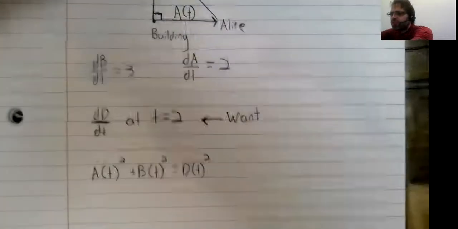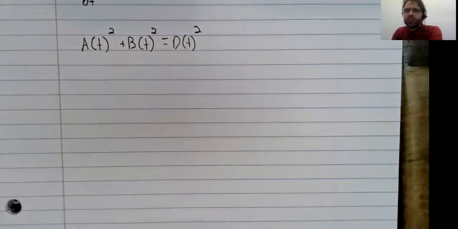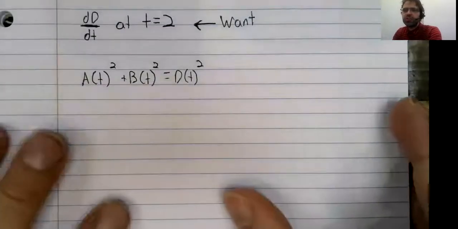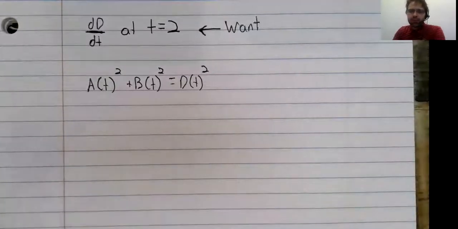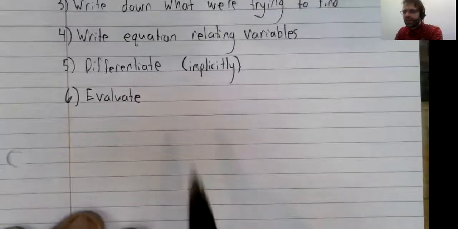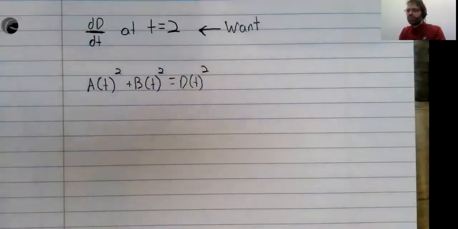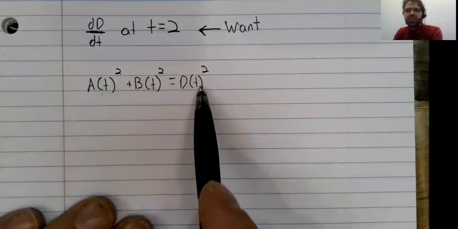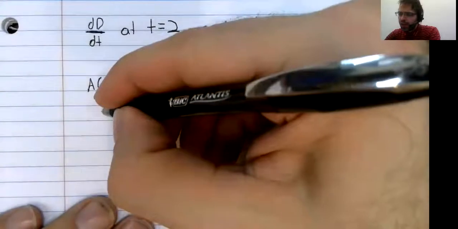So differentiating will introduce derivatives, which we need to do. As I warned you about when I wrote this down, this is implicit differentiation. A and B and D are all functions of time.